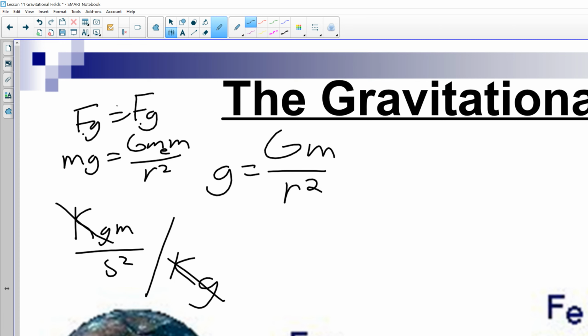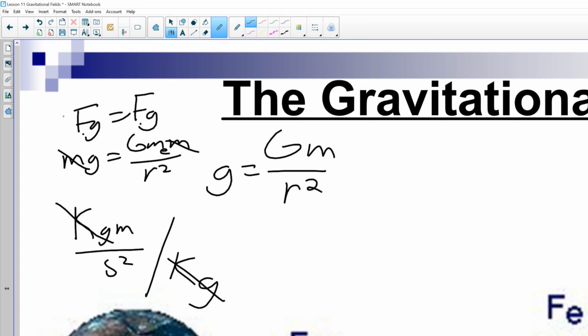What happens to my mass in this calculation? It cancels, because this would be true for anybody regardless of their mass. And thus it calculates the gravitational field strength or acceleration due to gravity at any given point. Everybody with me there?